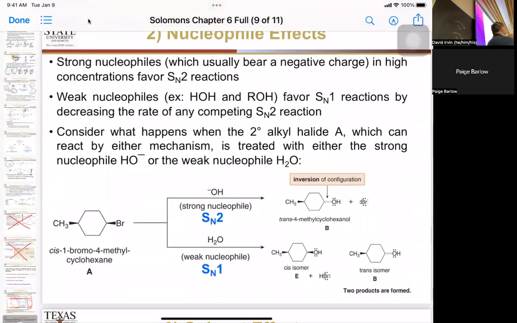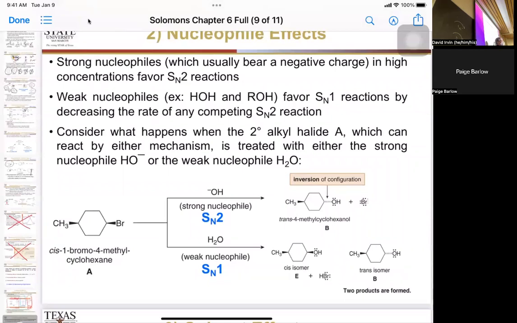So how does this affect our nucleophile? Well, in an SN2 reaction, if we have a strong nucleophile, think negative charge, it will undergo an SN2 reaction because it's kinetic. Remember, the slow step in an SN1 is breaking the bond.